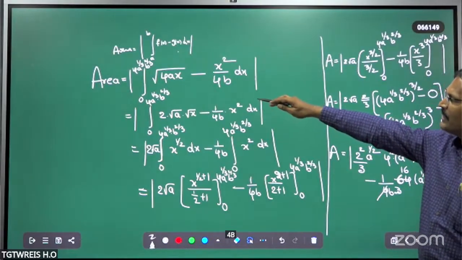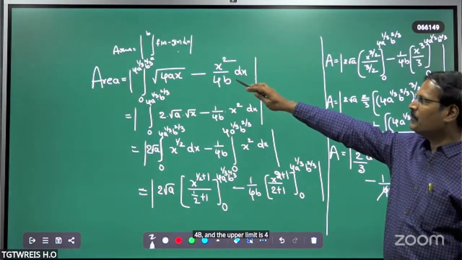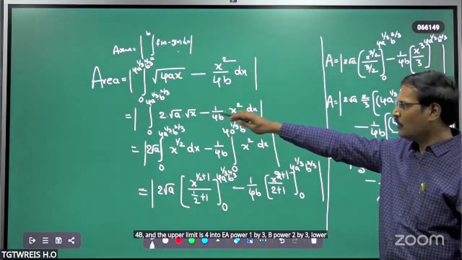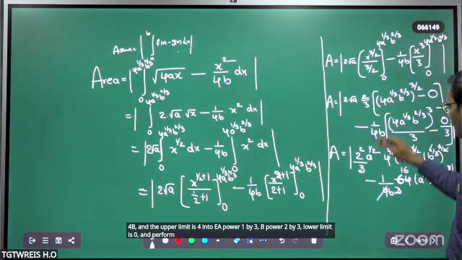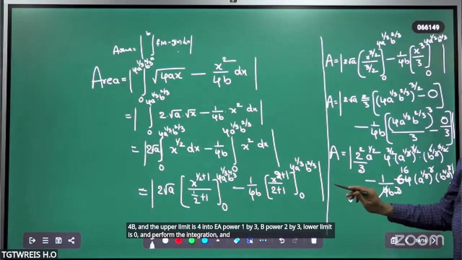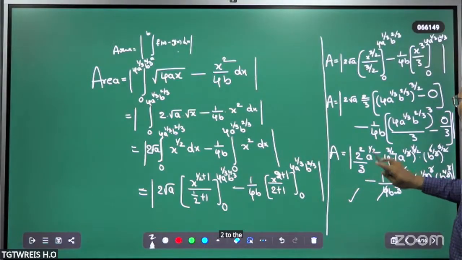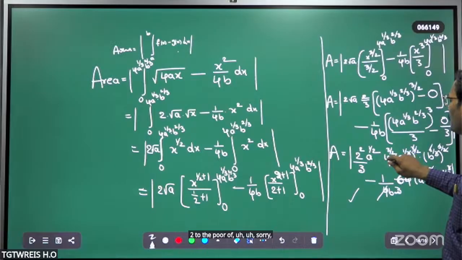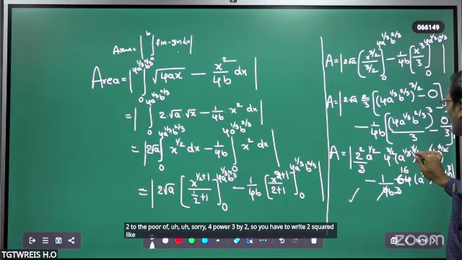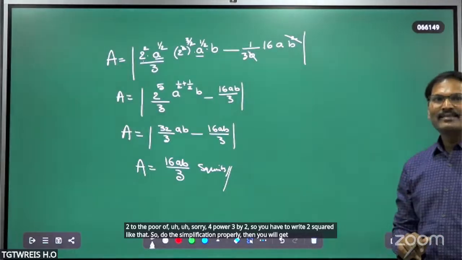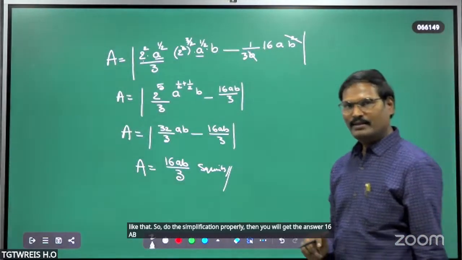And the upper limit is 4 into a power 1 by 3, b power 2 by 3, lower limit is 0, and perform the integration and simplify it carefully. 2 to the power of, 4 power 3 by 2, so you have to write 2 square like that. So do the simplification properly, then you will get the answer 16 AB by 3. Is it clear?